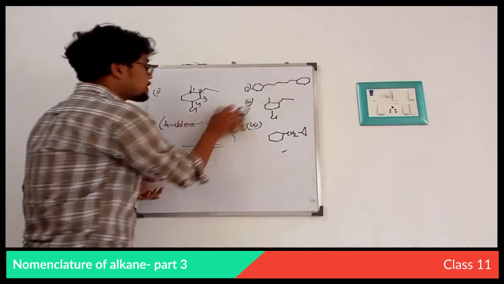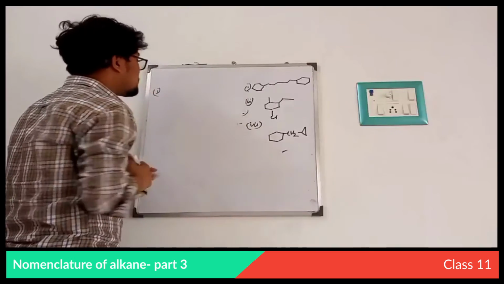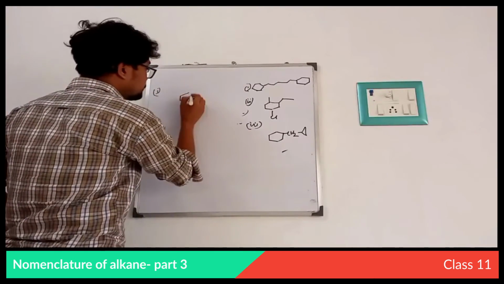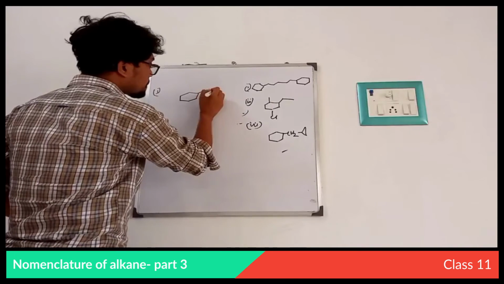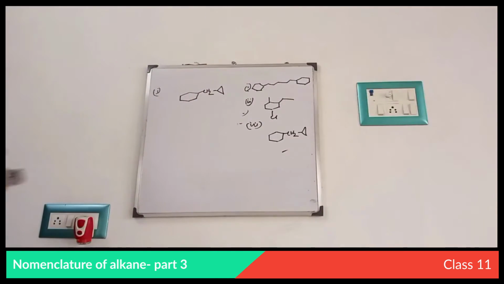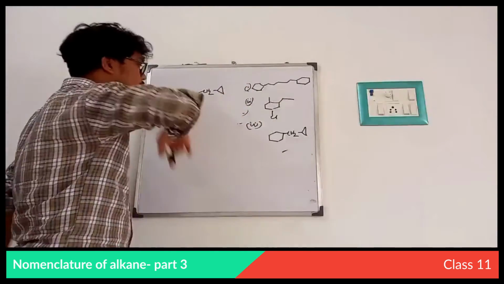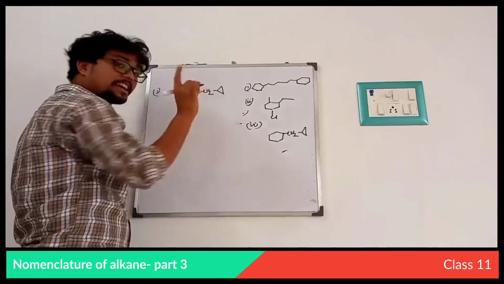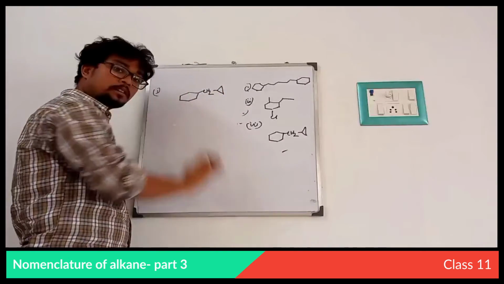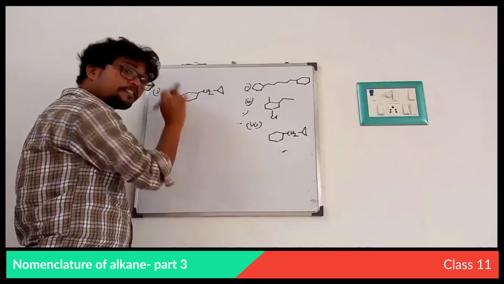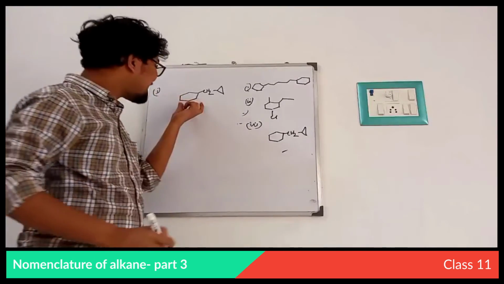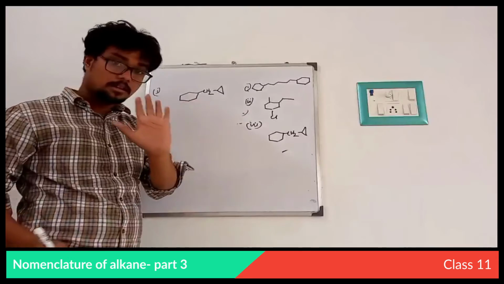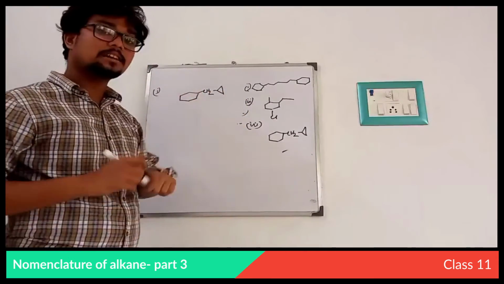So now the last problem of this class. Try it once yourself, then I will help you. Wait one. So this is our last problem. In this case 2 cyclic groups are present, this one and this one, but this cyclic group has a higher number of carbon atoms, so this acts as the word root, and this one acts as a substituent.